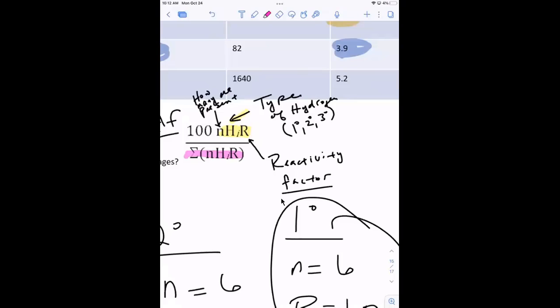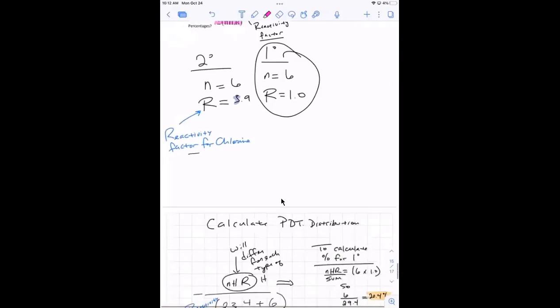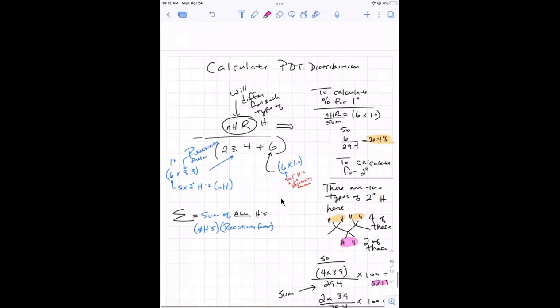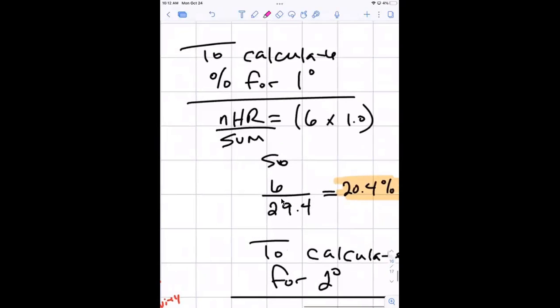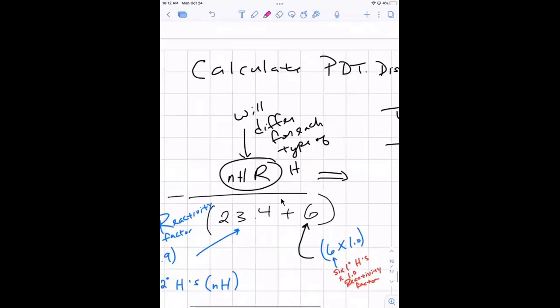And then the top is the part over the whole, basically a fraction. So let's go back over to here. We talked about the primary. There are 6 primary hydrogens. We also calculated the sum down here.